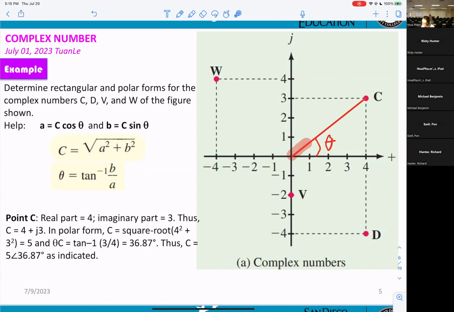So 5 angle 36.87. So basically, you can identify one point by either rectangular or polar form.